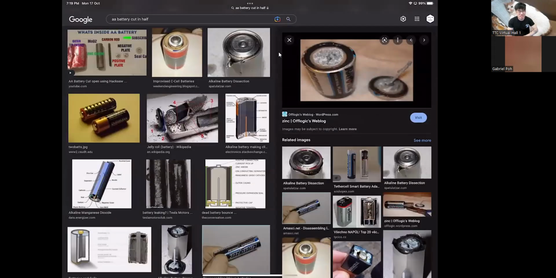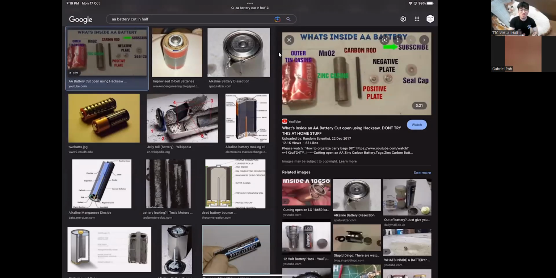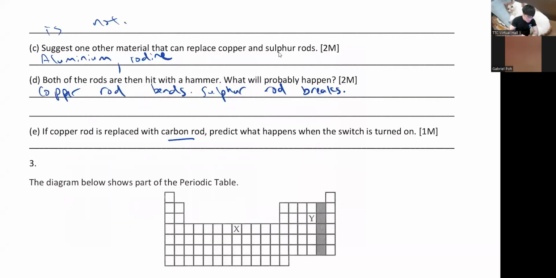The middle rod is the carbon, the same as your pencil lead. There's a pencil lead in your battery. Because they are conductors, that's why we use it in batteries, and it's cheap. Carbon is very cheap. So if the copper rod is replaced with carbon, the light bulb lights up, because they are good conductors.